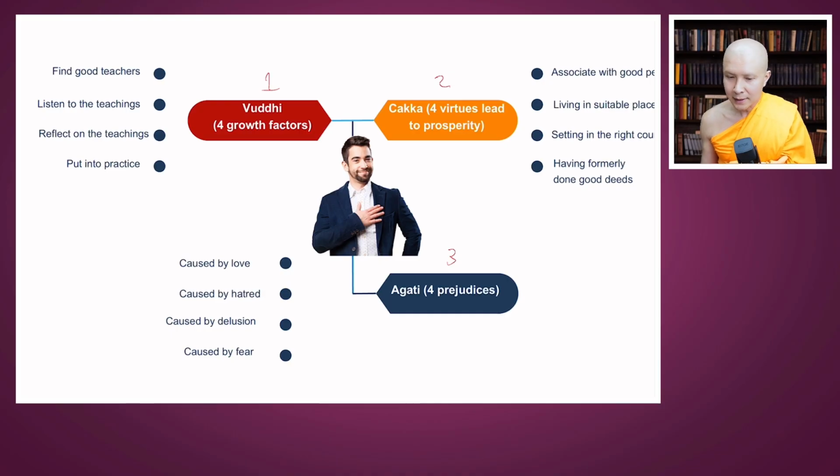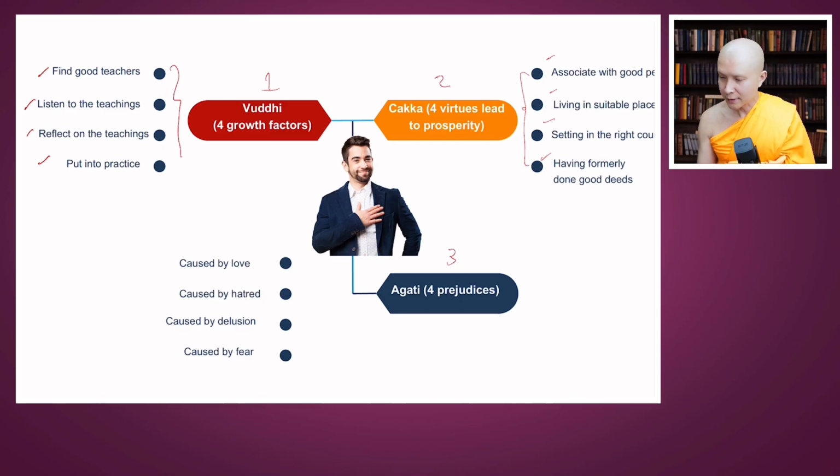The Vuddhi Dhamma is composed of 4 things: a good teacher, listening to the teaching, reflecting on the teaching, and putting everything you learn into practice. The Chakka Dhamma will talk about associating with good people, living in a good, suitable place, setting yourself in the right course or the right living style, and having formerly done good deeds.